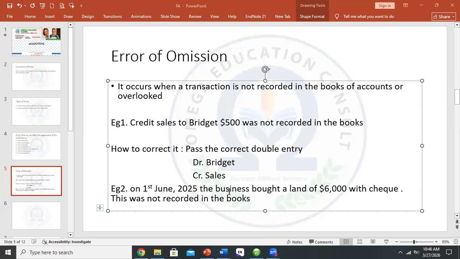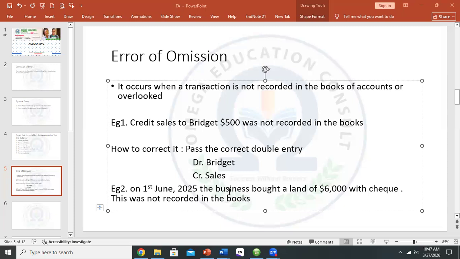Oh, okay. So you understand that error of omission occurs when the transaction is not recorded. We gave an example that credit sales to Bridget was not recorded in the books. So the whole idea is that if the transaction was not recorded, then to correct that mistake, because the mistake was that you didn't record it, you have to record it.